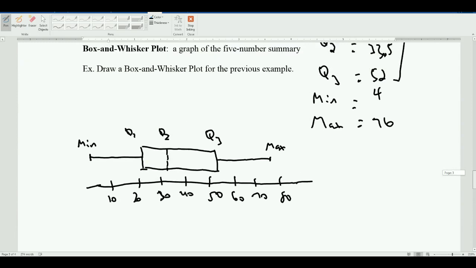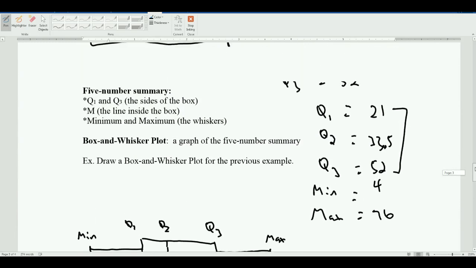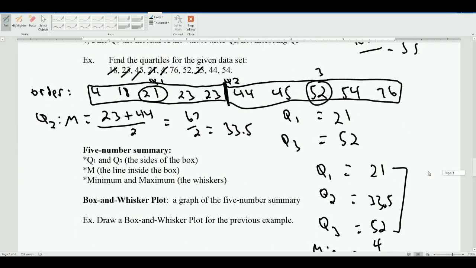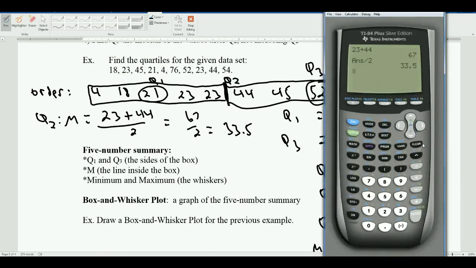Before I go to the mode, I got to show you something with your graphing calculator. So let's go back to stat, enter, let's clear that out, let's type these numbers in.